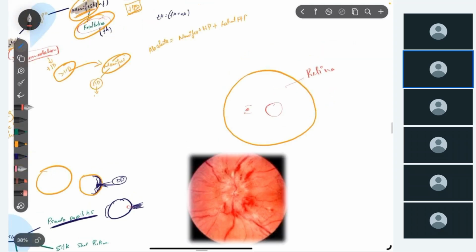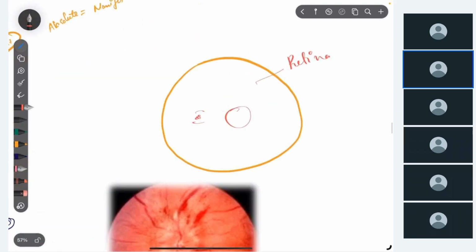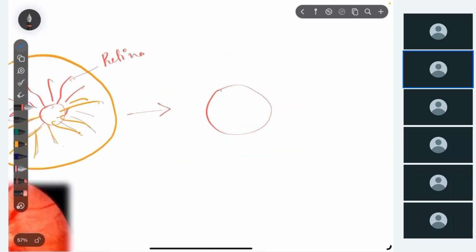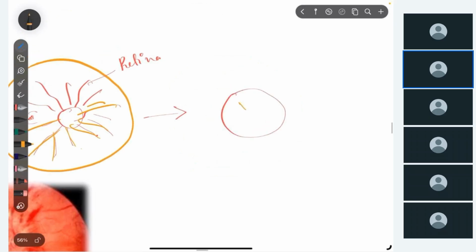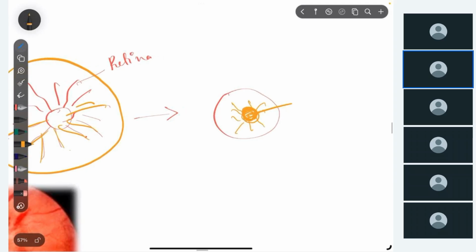This optic disc is nothing but a collection of nerve fibers which are coming from all these areas. Now, when this eyeball is small, the nerve fibers remain the same number, but the eyeball has become small. So this bundle will appear large. This is what we are calling pseudopapillitis.